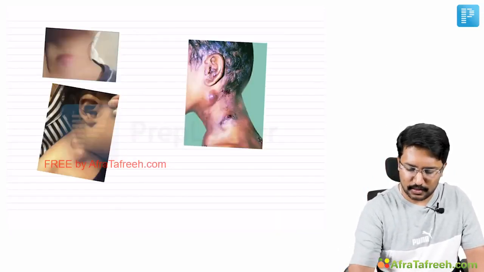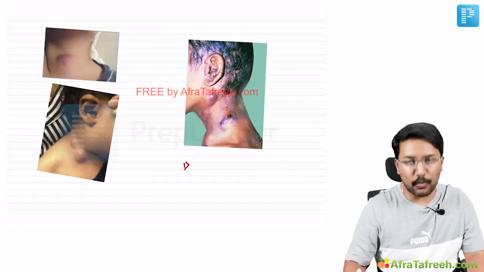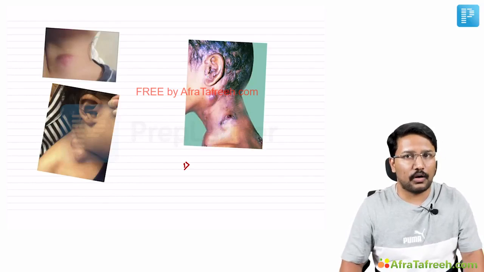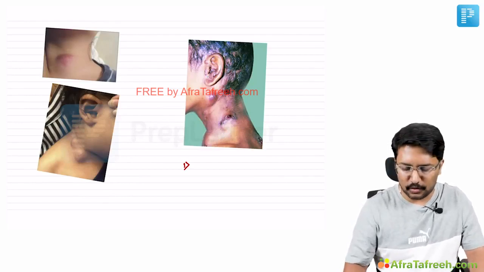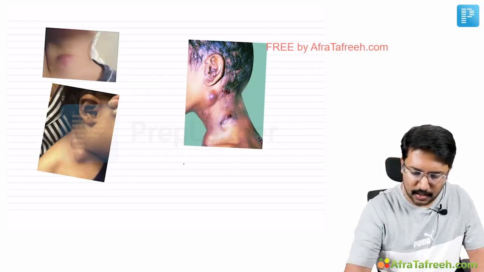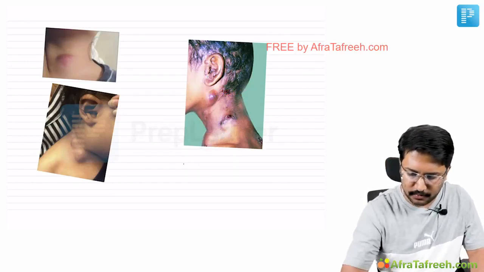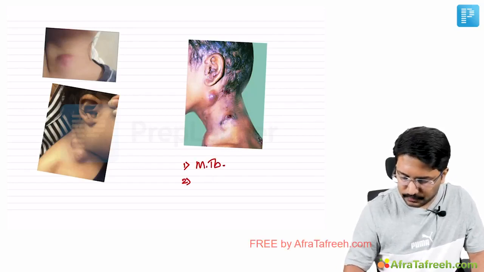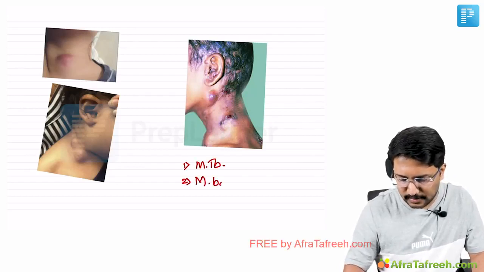Now before we move on, there are 2 or 3 important points I want you to remember. Point number 1: MTB is not the sole cause for scrofula or scrofuloderma, right? Scrofula, scrofuloderma or tuberculous lymphadenitis can also be caused by M. bovis. In fact, in the past, M. bovis used to be the most common cause.